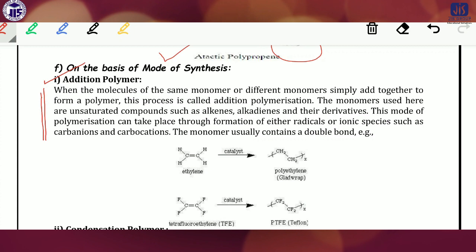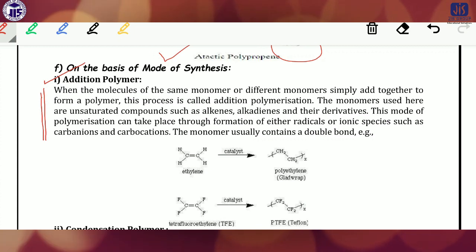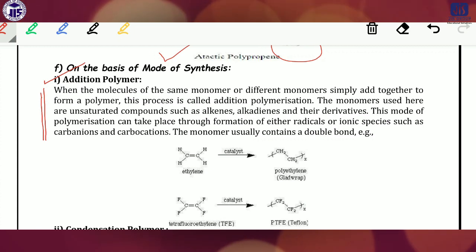This mode of polymerization can take place through formation of either radicals or ionic species such as carbanions and carbocations. The monomer usually contains a double bond. If you see the examples, it will be more clear.